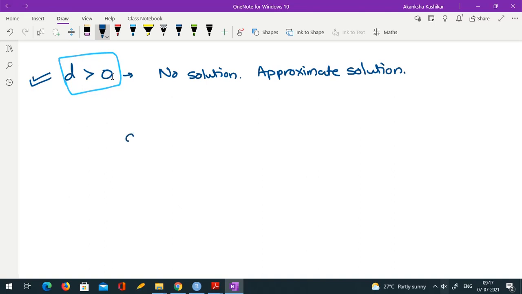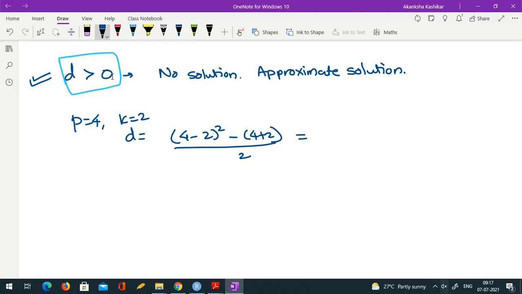For example, if p equals 4 and I try to get k equals 2, two factors, then I have ((4 minus 2) whole square minus (4 plus 2)) by 2, which is (4 minus 6) by 2, so minus 1. We are in the scenario of infinitely many solutions, which is not advisable.